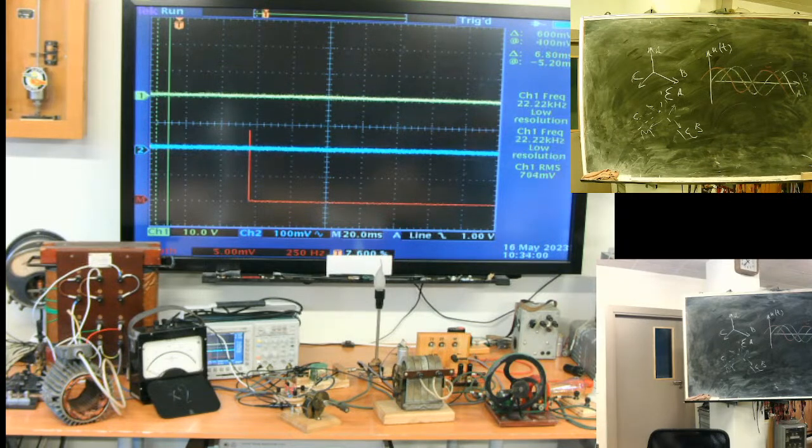It is easy to split a single phase into two. So it's a single phase motor, but actually it's a 2-phase. The second phase is split with the help of a capacitor.